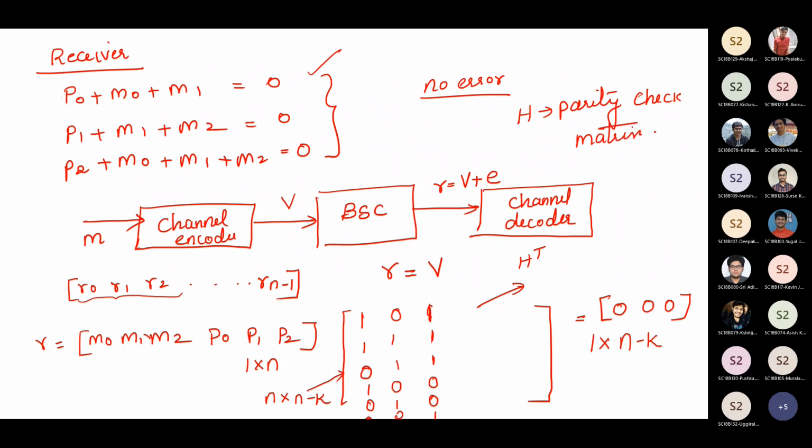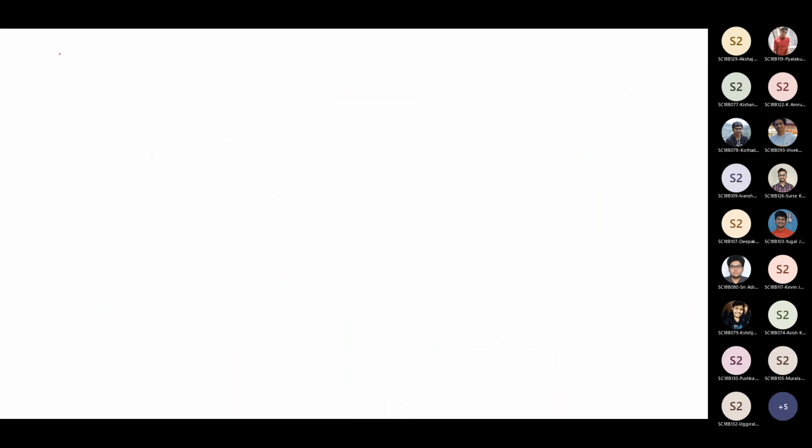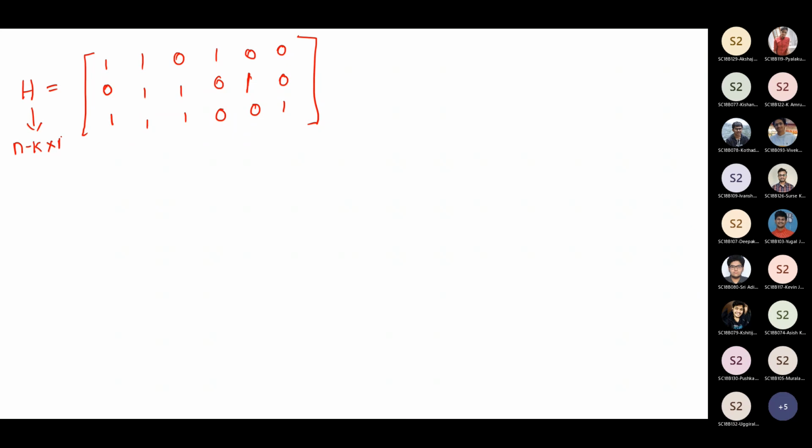Okay, so now I am going to write the H. If you take 1, 0, 1, next one is all 1, next is 0, 1, 1, 0, 1, 1, followed by the identity matrix. This will be your H matrix. So H matrix is of the size n minus k cross n.